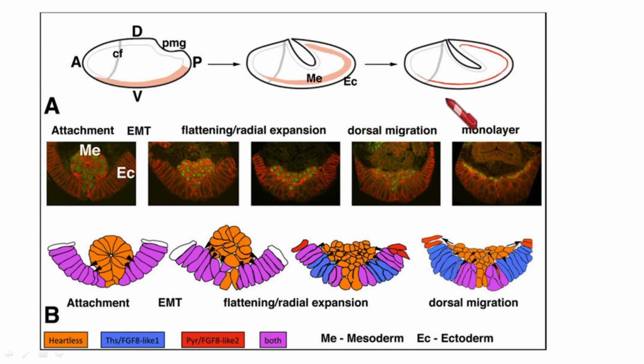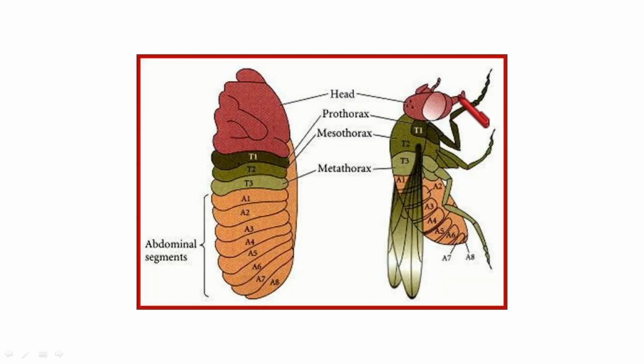Then we can go and see the general body plan of the Drosophila. The general body plan is that the body can be divided into head and tail end. And beyond the head portion, there will be 3 segments. It will become the thorax portion, and after the thorax, again 8 segments are present.